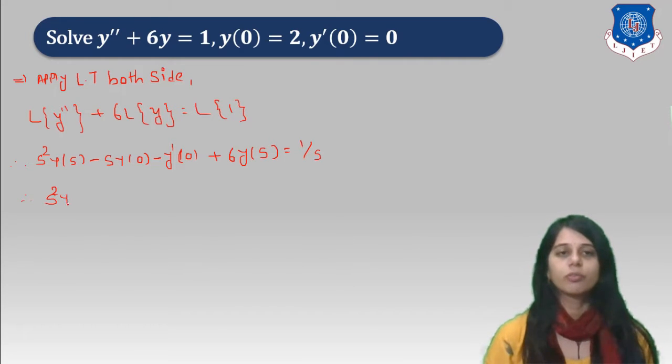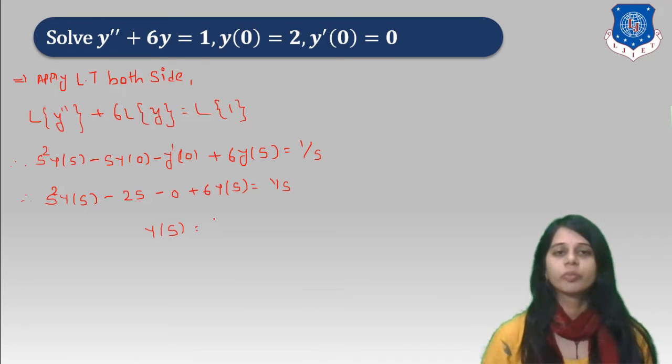S square y of s. What is the value of y of 0? It is 2, so s square plus 6 y of s equal to 1 by s plus 2s. So y of s equal to 1 by s plus 2s.